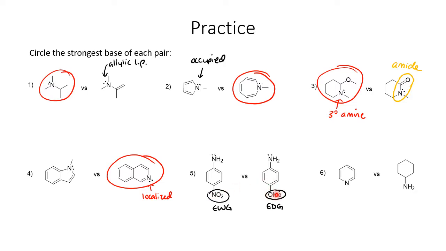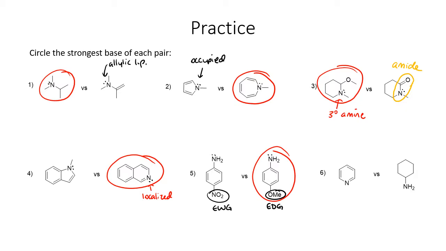For the OMe group, even though we have resonance between the nitrogen and the benzene ring, the OMe is going to provide electrons that can help stabilize a positive charge that may form on the nitrogen when it takes an H. So any benzene ring that contains electron donating groups is actually going to make the ring more basic than a ring containing an electron withdrawing group. So we'll go ahead and circle this as our more basic molecule.